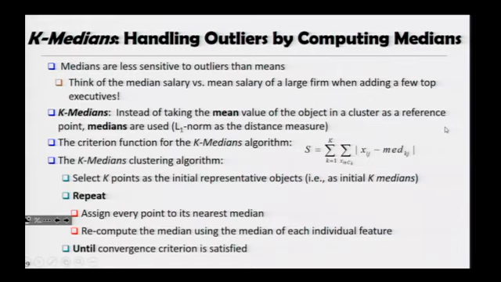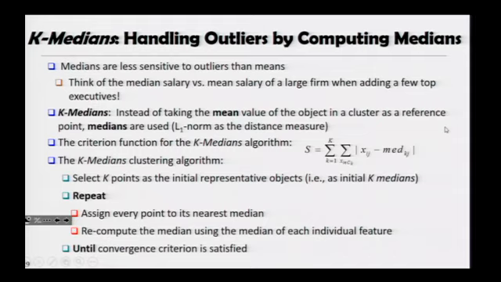You can use different kinds of distance measures to measure the similarity between data points. In this specific slide, you can see they use a criterion function based on the L1 norm, which is just the Manhattan distance, to compute the mean errors for the k-median algorithm.